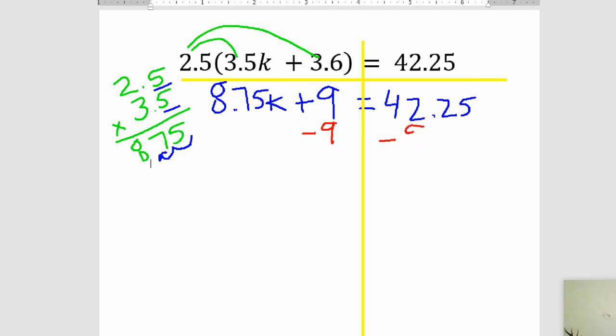Now, a minute ago, I told you, don't line up your decimal when you're multiplying. That's true. But now I'm not multiplying. I'm adding and I'm subtracting. So I put the 9, because it's a whole number, underneath the other whole numbers, because we said this is really 9.00.